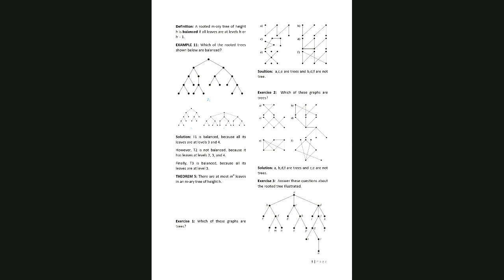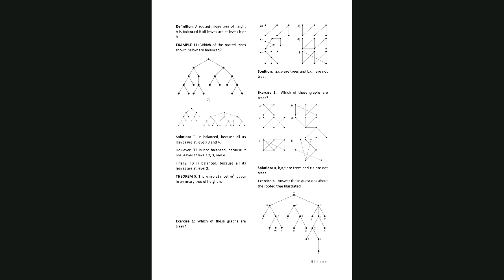What about part B? See this one, if I go like here, here, here, to here, here, here. It is one part, connected, and there is no circuit. So A and B are trees.